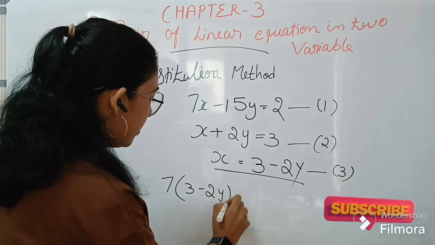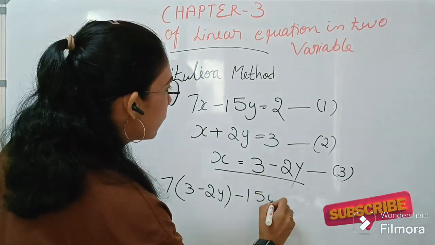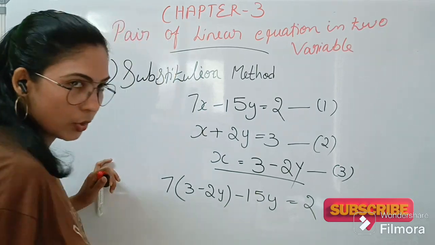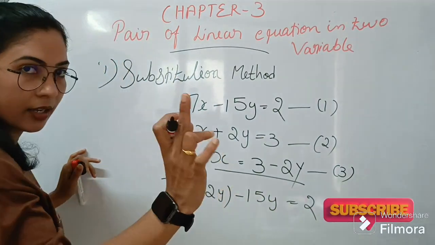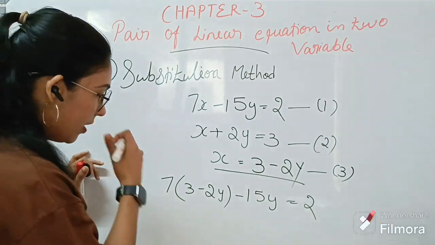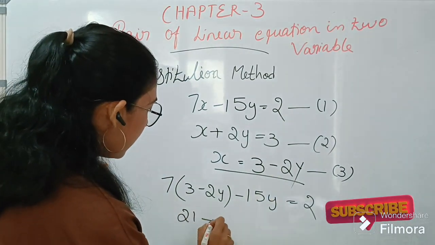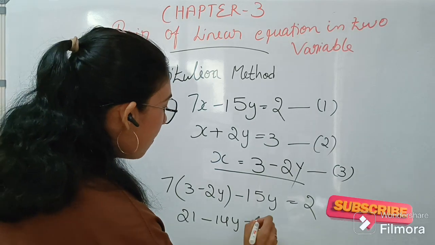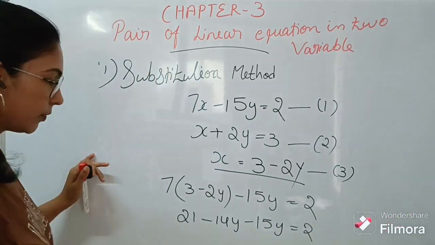Okay, 7 times 3 minus 2y, and the remaining terms are minus 15y is equal to 2. And now this is an equation with a single variable y. Okay, so what's happening? First we have to remove these brackets, that is 21 minus 14y minus 15y is equal to 2.